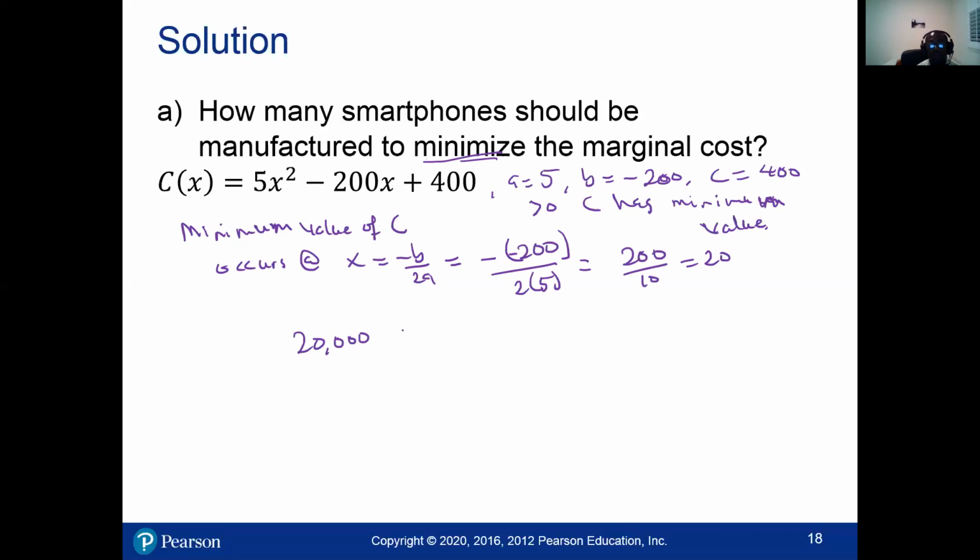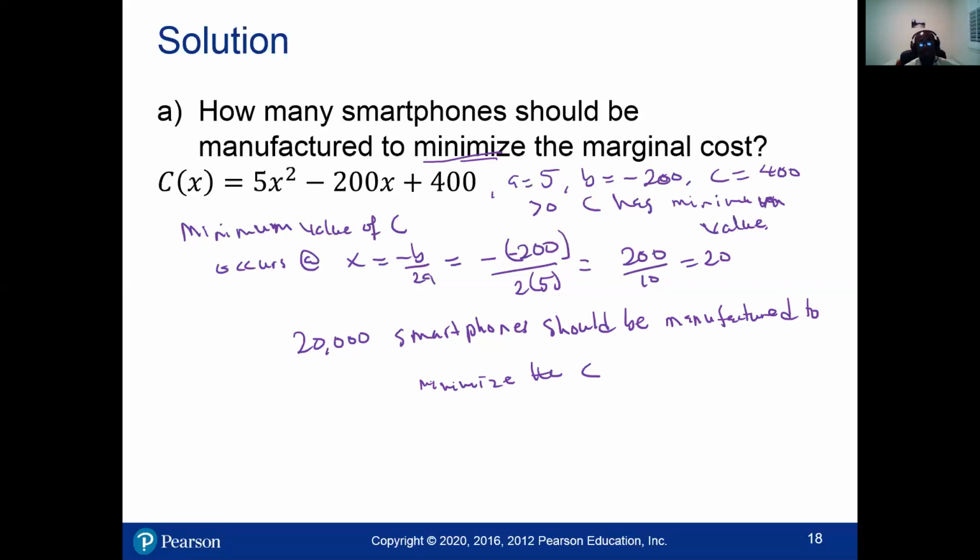So 20,000 smartphones should be manufactured to minimize C, the marginal cost.